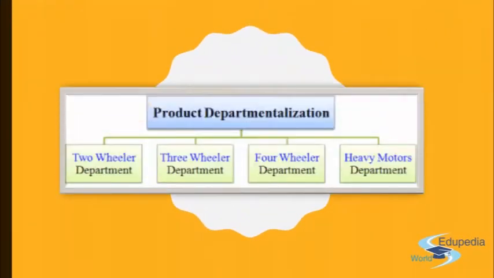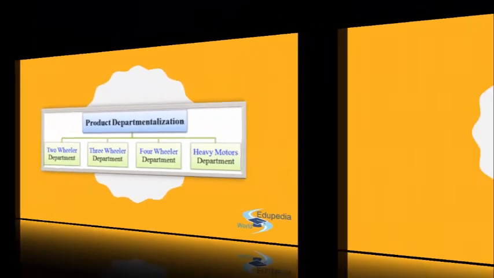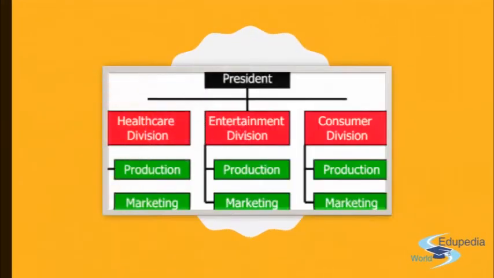Now let's see some examples. As you can see here, product departmentalization, we have a two-wheeler department on the basis of the product, three-wheeler department, four-wheeler department, heavy motors department. Another example, we have healthcare division, entertainment division, consumer division. This is for the service company.